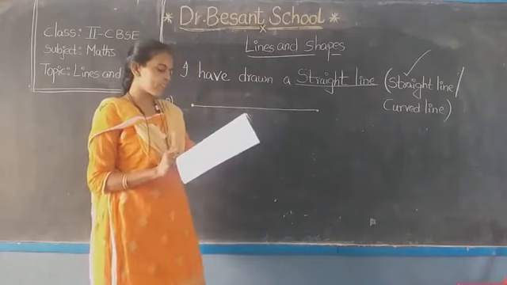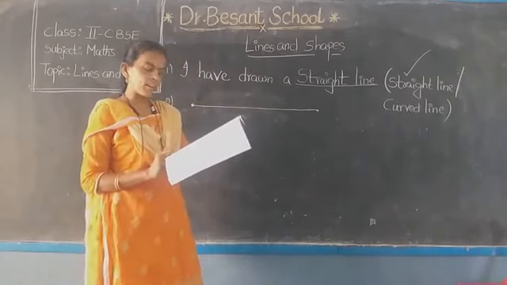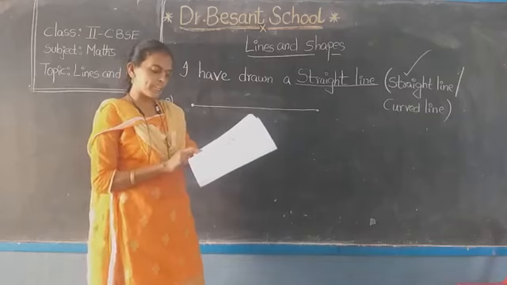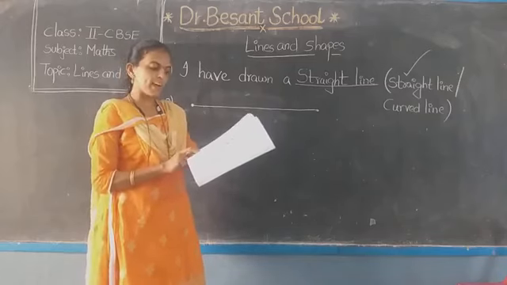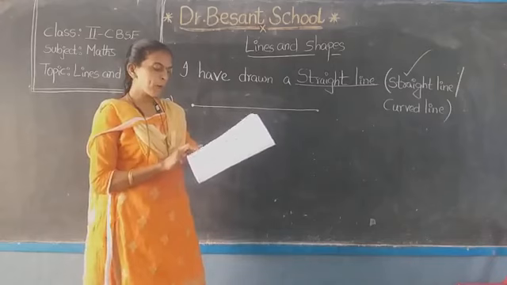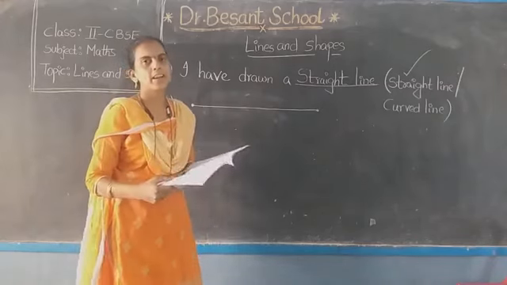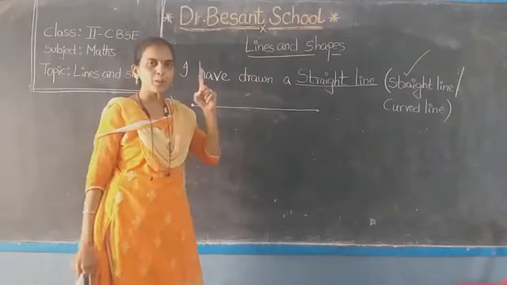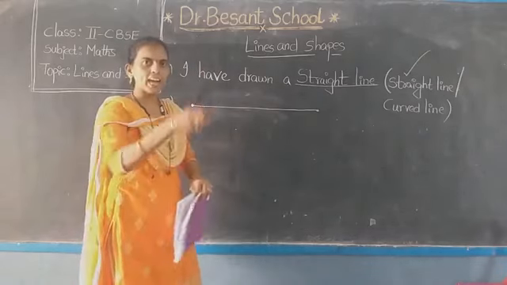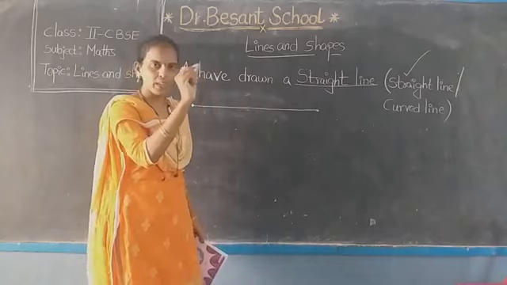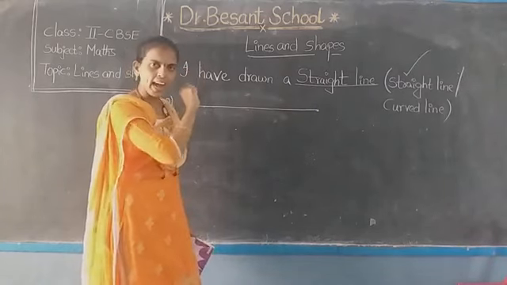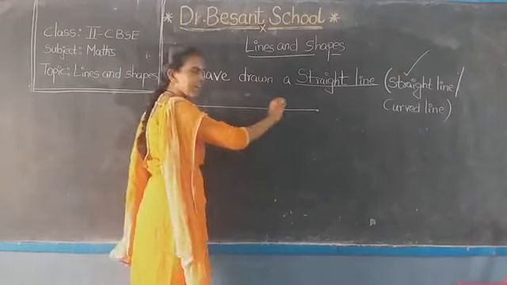Below that they gave us, it may not be easy to draw a straight line from one point to another using only a pencil. In the first class I told you, using a free hand, holding a pencil, can we draw a straight line?